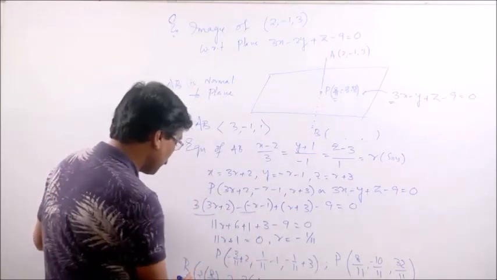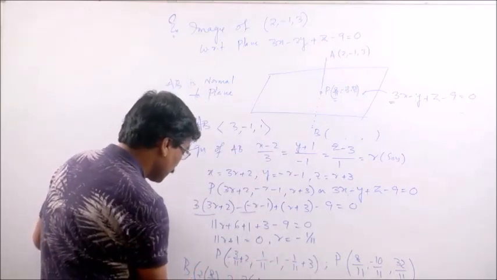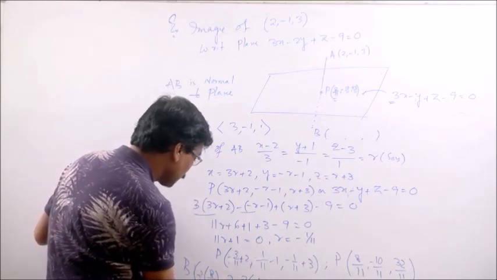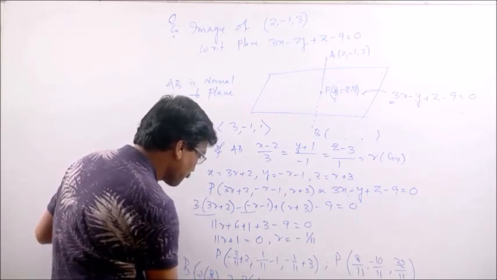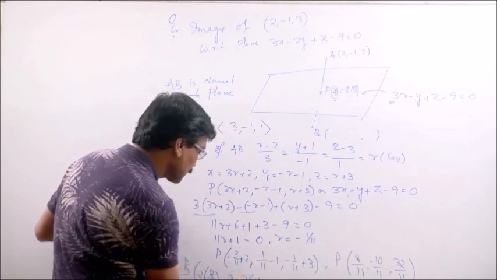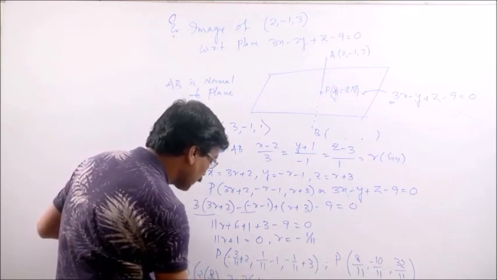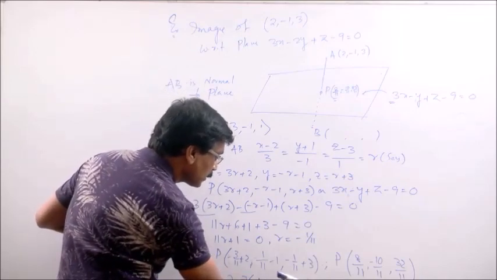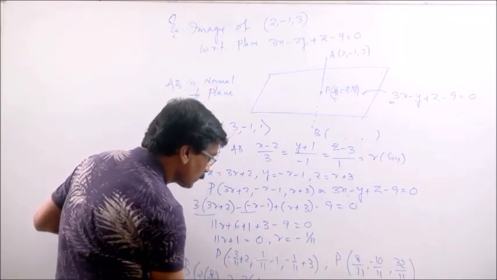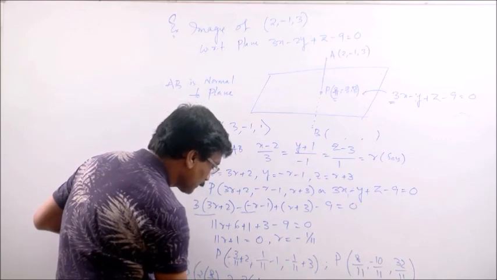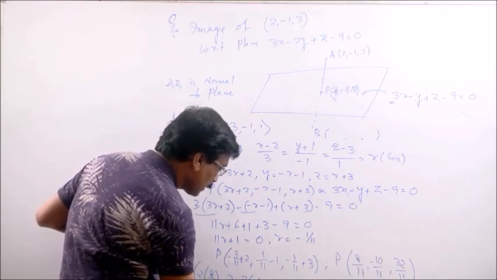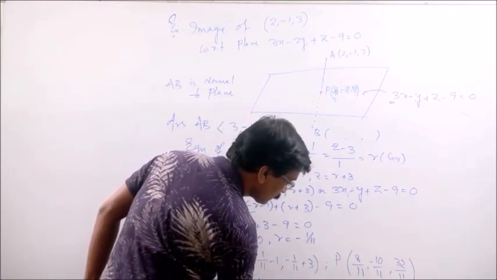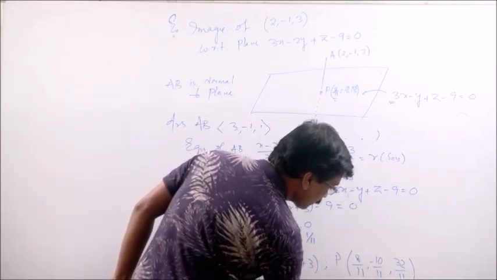So, on simplification this gives point B, that is x coordinate minus 6 by 11, y coordinate minus 9 by 11, and z coordinate 64 minus 33, 31 by 11, which is the image of A with respect to the plane.